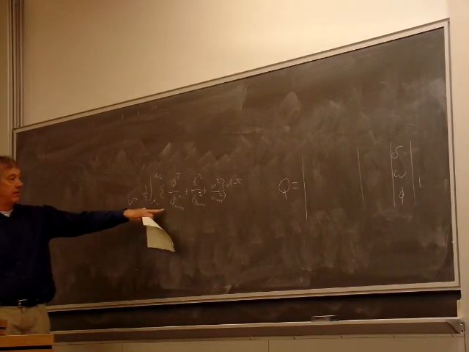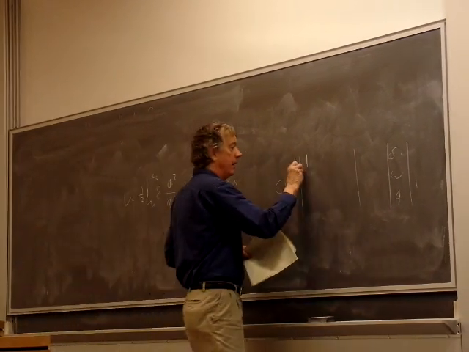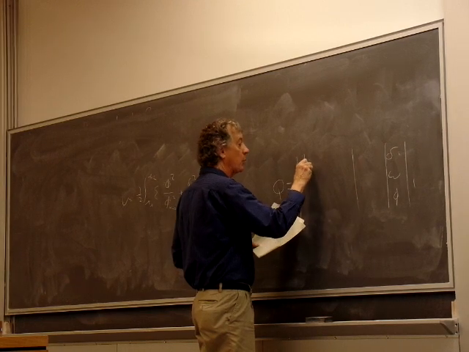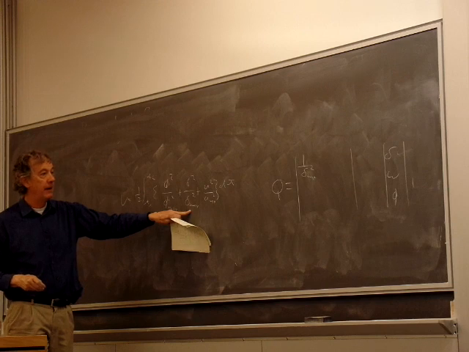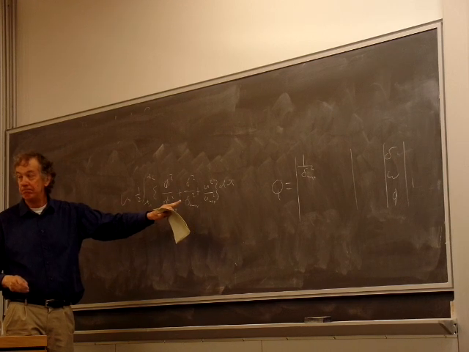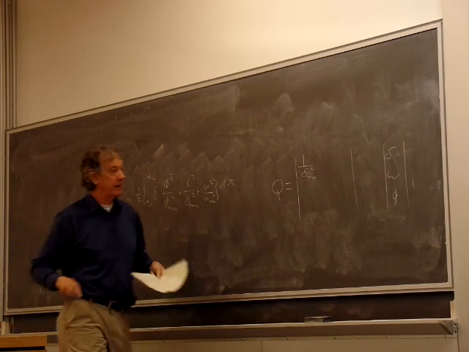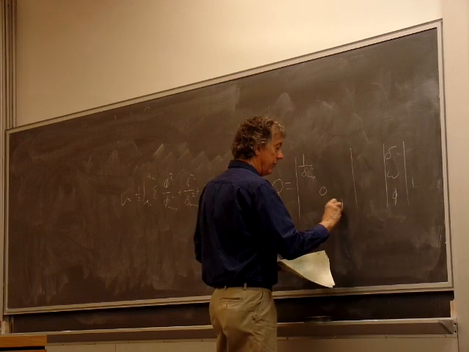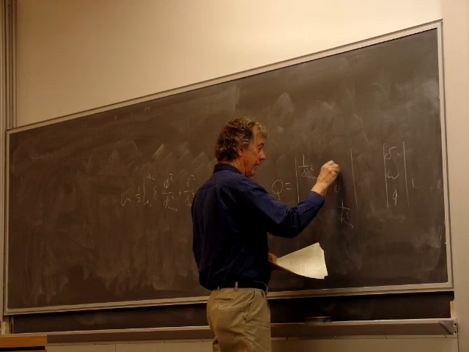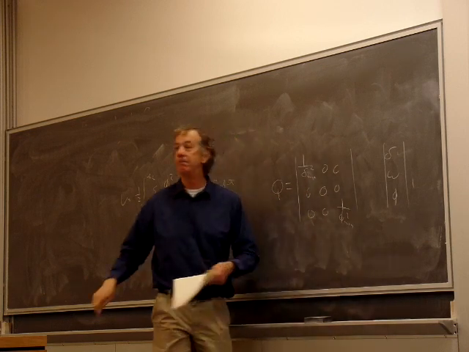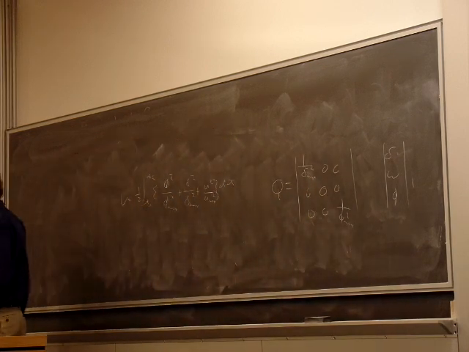One over delta max squared. Omega, we don't have, so that's going to be 0. Then 1 over B max squared. Zeros everywhere else. So that's our Q.